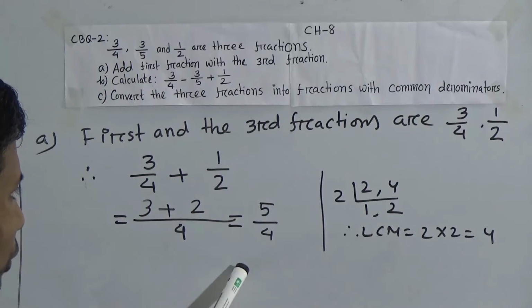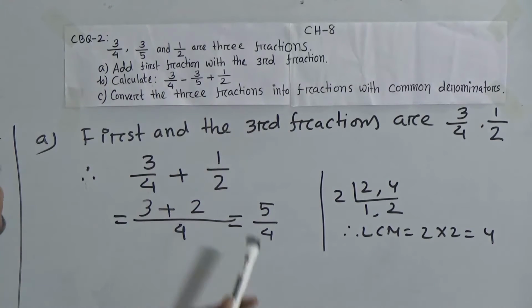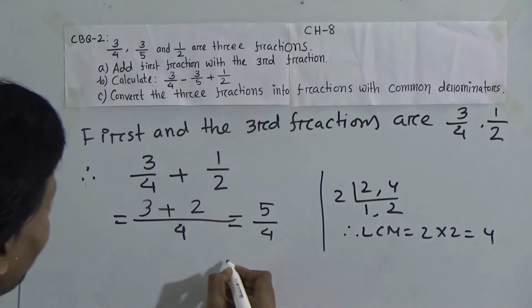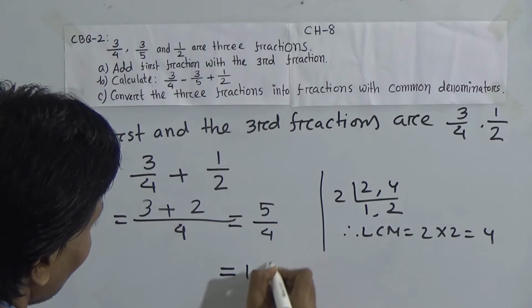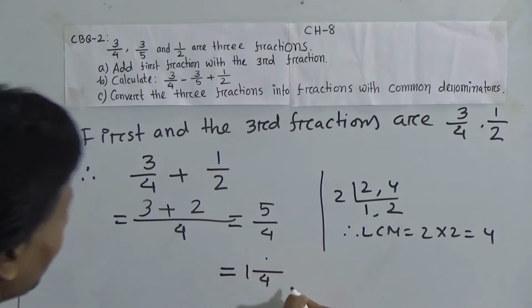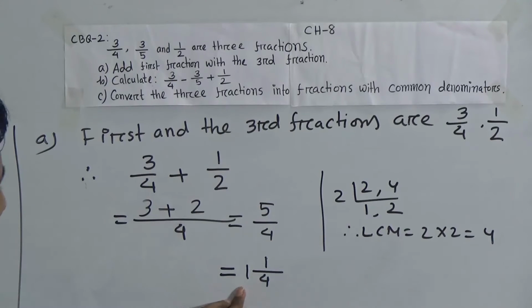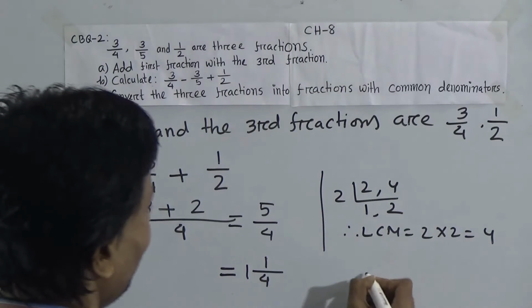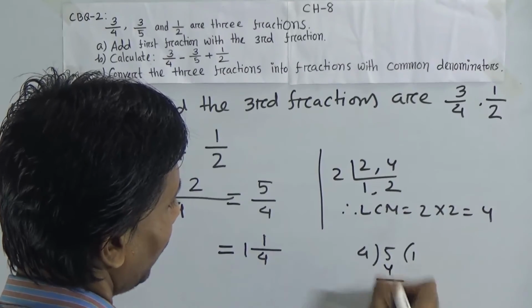Why is this an improper fraction? Because here the numerator is greater and the denominator is smaller. Okay. So this can be written as a mixed fraction. Look, 4 ones are 4 plus 1, 5 by 4. Now divide like this, 4 ones are 4, 1.